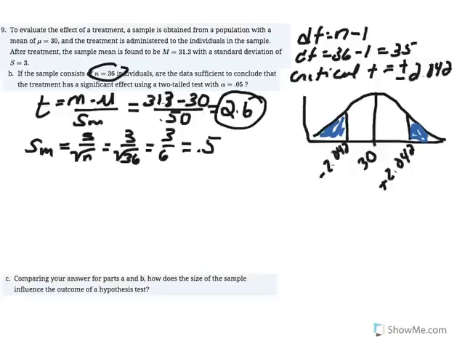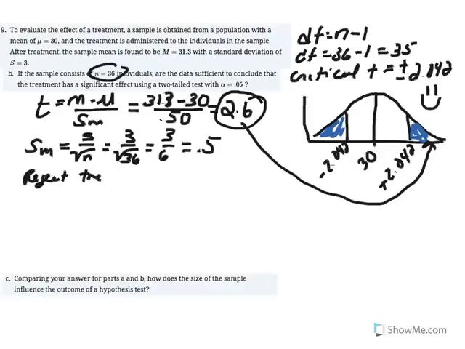A t-statistic of 2.6 puts us well into the critical region, and as researchers we would be happy, because that means we get to reject the null. Again, the notation: the null says that the treated mu would equal 30.